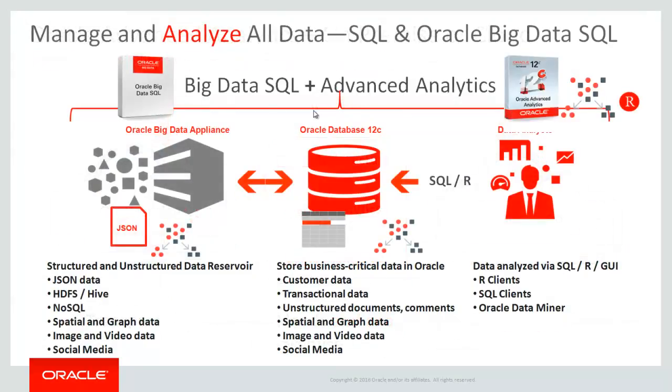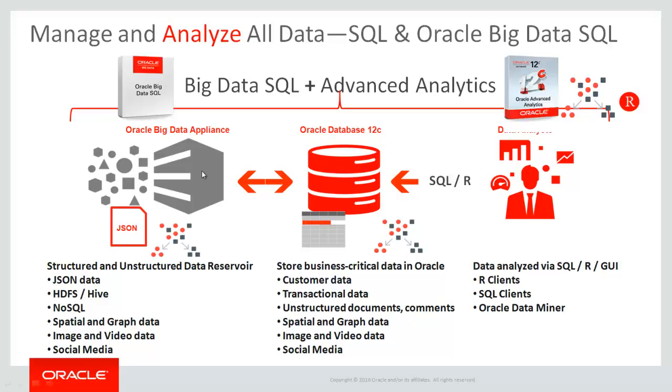And getting even a little bit better here, we have something called Big Data SQL. Big Data SQL extends the reach of SQL down to the Hadoop platform. A lot of times people may keep their tweets or their customer comments or documents in JSON data types. It might be Hive data, it might be social media data, a bunch of different types of data that I want to query, filter, aggregate, and join.